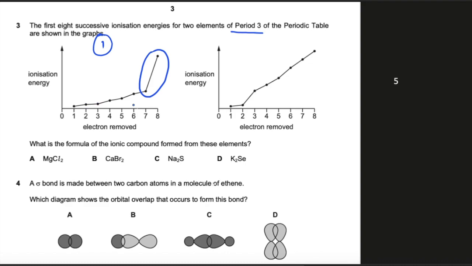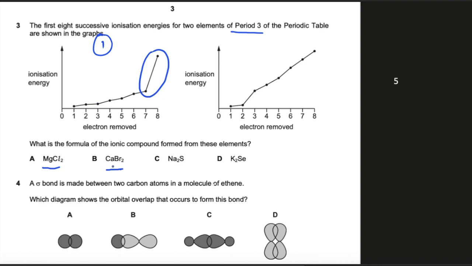And for the removal of the 8th electron, it would be very difficult to remove it from the inner shell that is nearer to the nucleus, so you will provide more energy. It means that one element in these compounds belongs to group 7. So it would be MgCl2 or it would be calcium bromide.